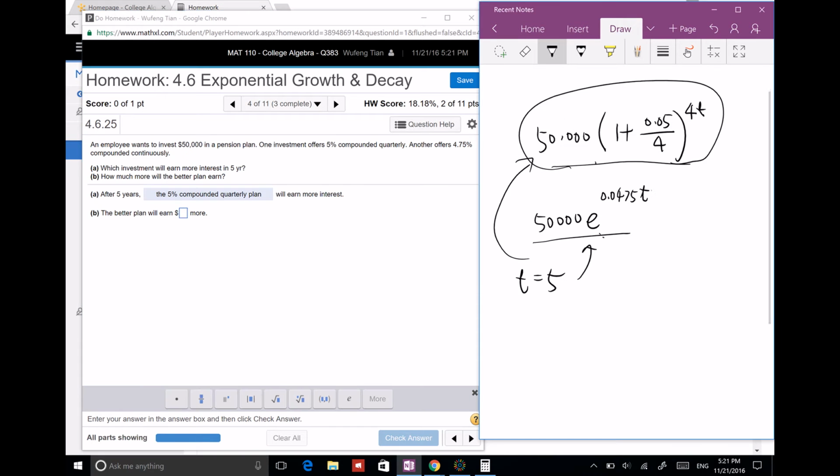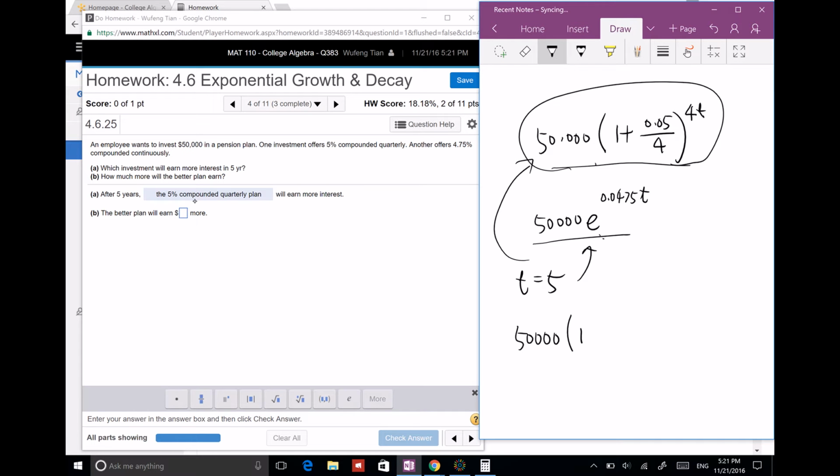So basically, I have to do 50,000 times 1 plus 0.0125 raised to 20, find this number and subtract 50,000 times e to 0.0475 times 5, and subtract the two and find the difference, and put it in here.